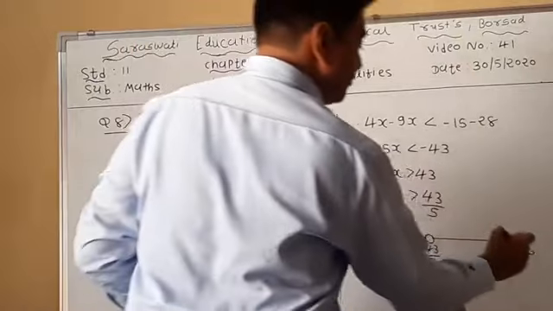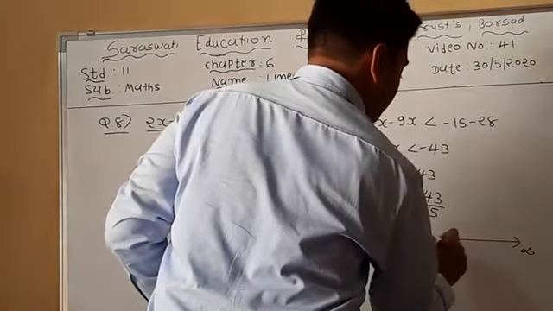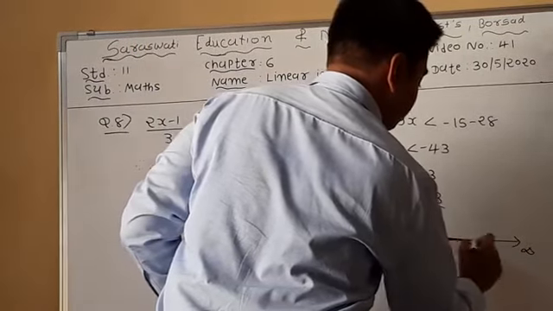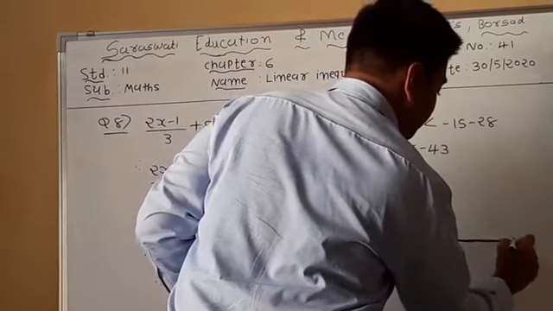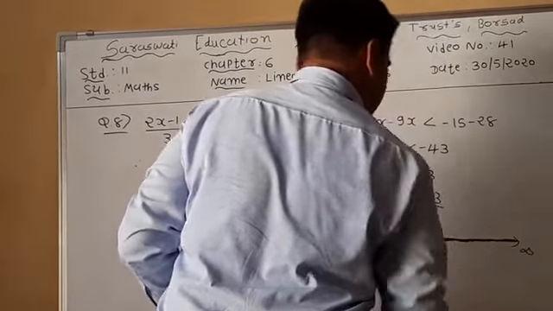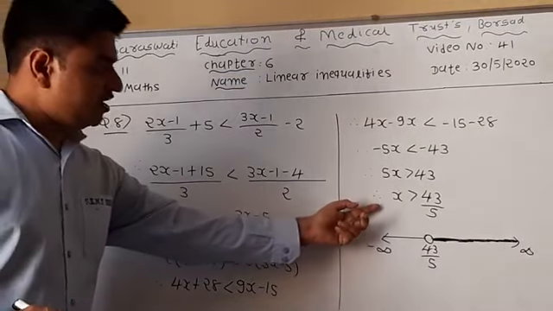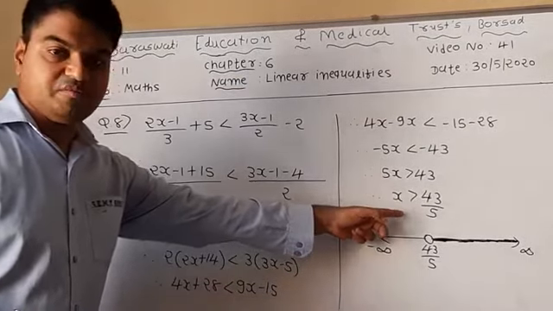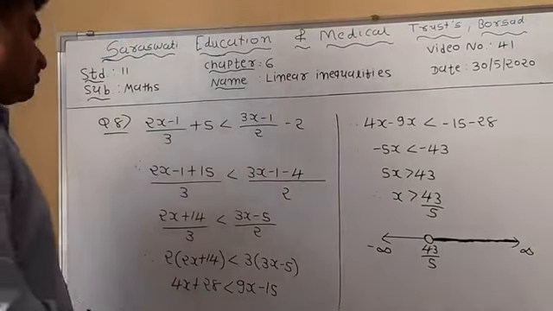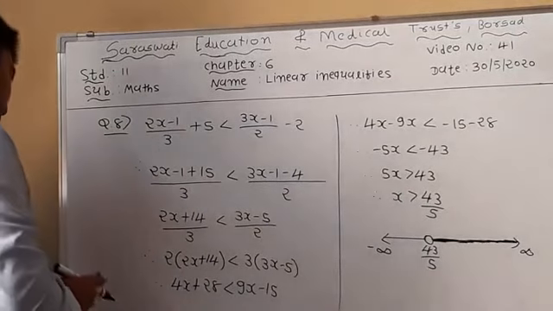The arrow is going from the right side, so we draw a dark line from this portion. Okay, so the answer is x greater than 43 upon 5 and it is represented this way. Next question.